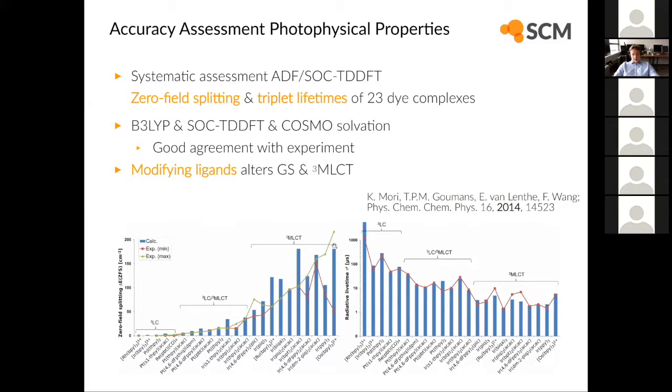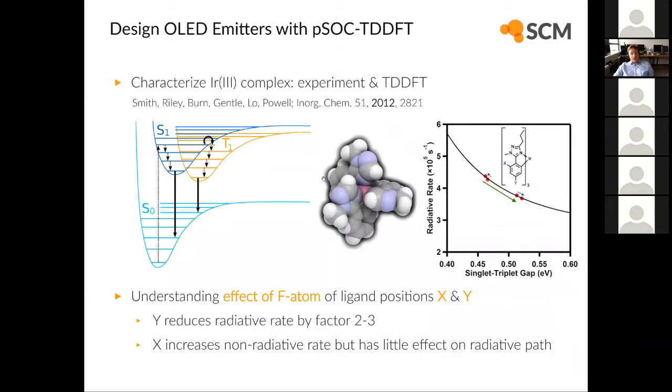However, the accuracy is deemed good enough and is also encouraging in order to, for example, try to move on and systematically tweak OLED materials, for example, to modify ligands in order to alter the ground state or the type of the excitation. This was then done in a somewhat earlier study where the researchers were looking at an iridium complex, and they were modifying its ligands, putting fluorine atoms either here, as visible on the right side, either in para position or in ortho position.